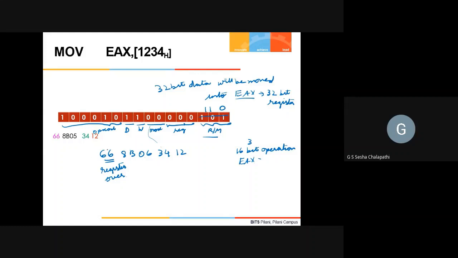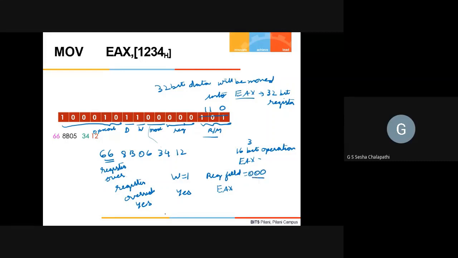So please understand, you have a register override 66, the W bit is equal to 1, and therefore the reg field will be interpreted as EAX when you specify it as 000.